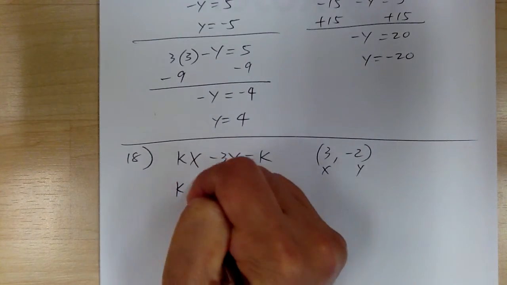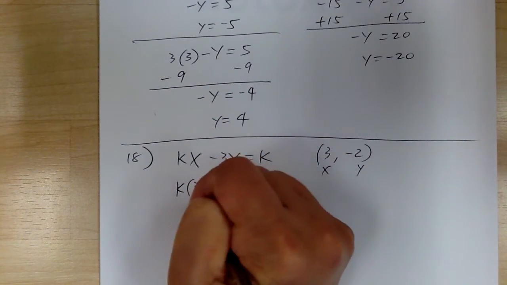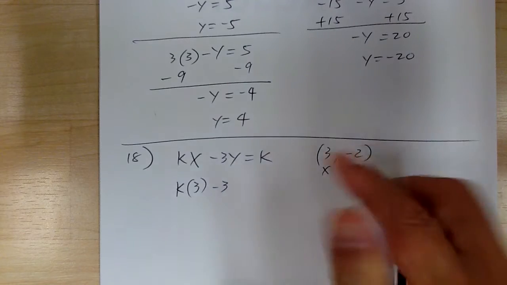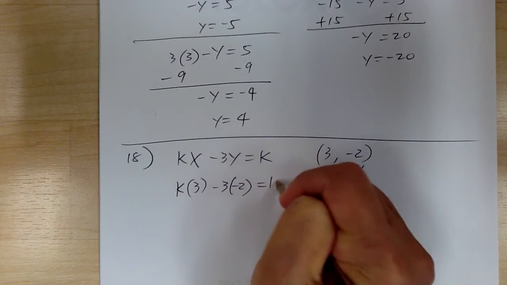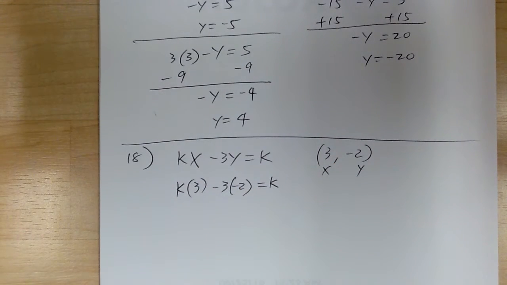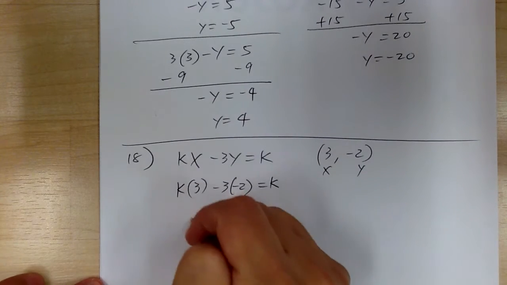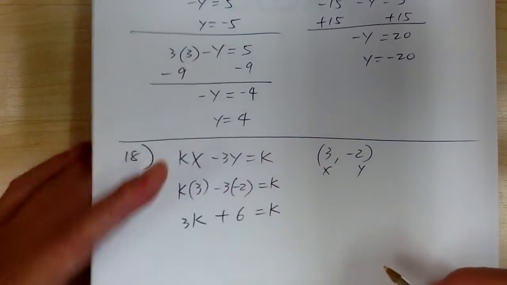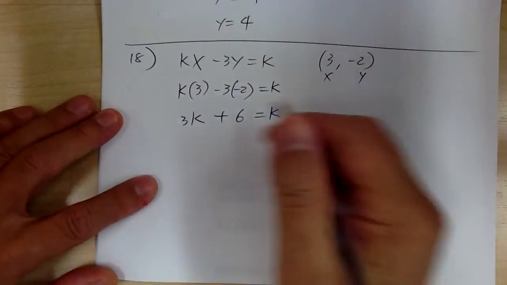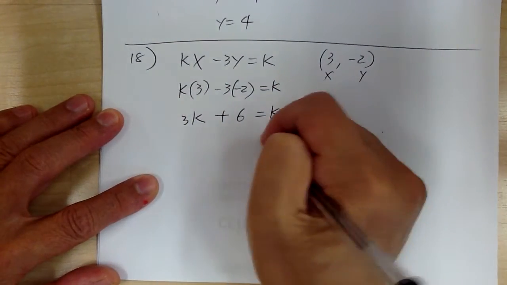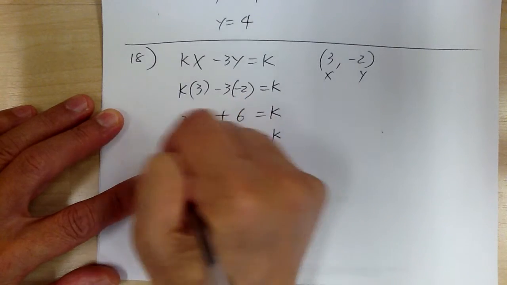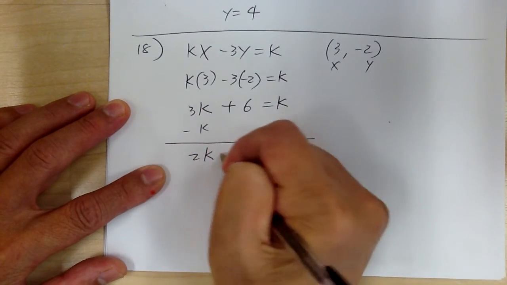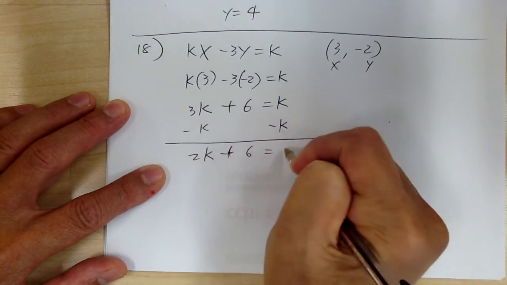So you got k times 3 minus 3 times -2 equal to k. Then multiply everything out and solve. So you got 3k plus 6 is equal to k. So we have to solve for k, because that's the only variable left. So minus k. So you got 2k plus 6 equal to 0.